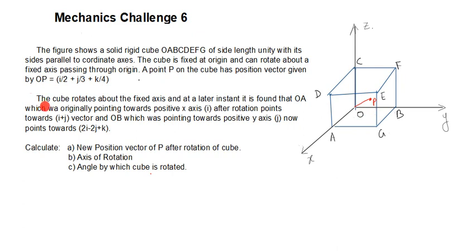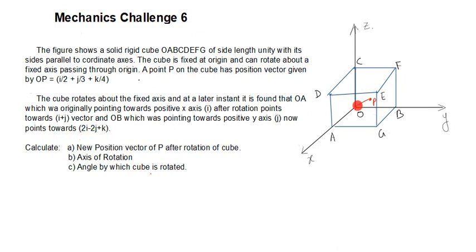Now he is saying the cube rotates about the fixed axis, and at a later instant it is found that OA, which was originally pointing towards the positive x-axis, which is i cap, after rotation points towards i cap plus j cap vector, and OB, which was pointing towards the positive y-axis, j cap, now points towards 2i cap minus 2j cap plus k cap.